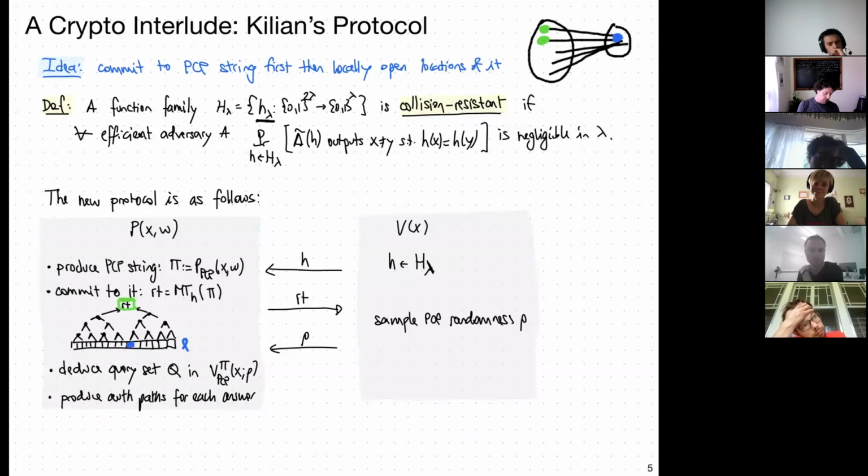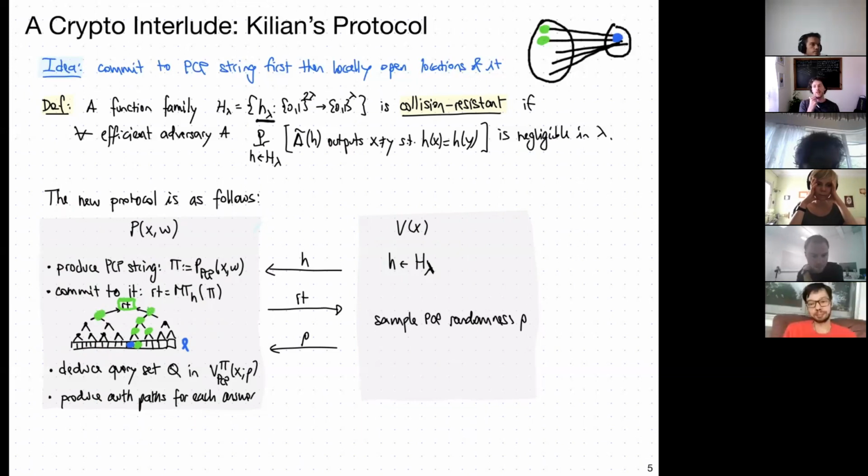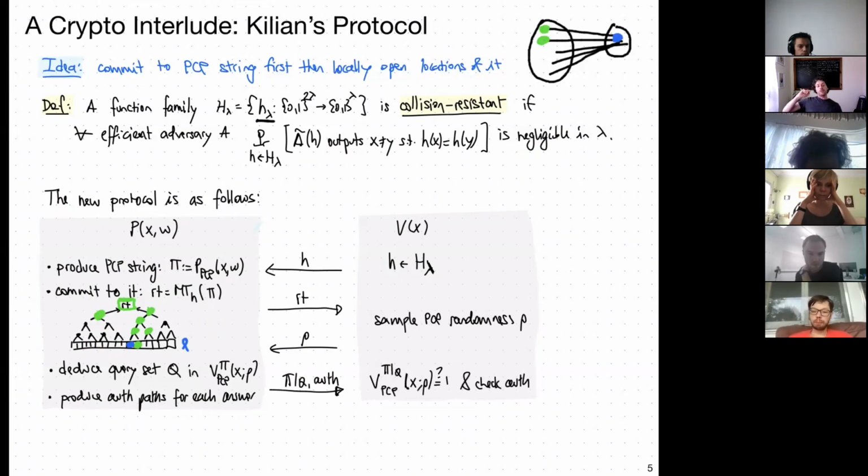So the prover will also provide the value of this point, and then I can check that point. And it would also provide the value of this point, and then I can check that point. And also provide the value of this point, and this point. And then I can have a path in which I can check everything. Okay, so that's the idea.